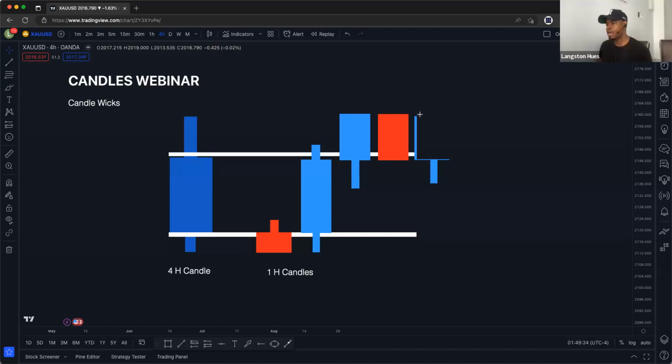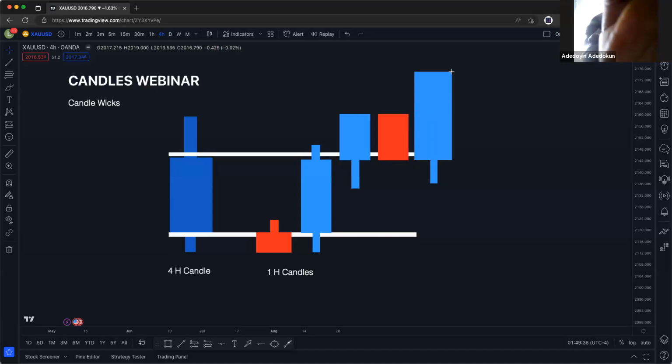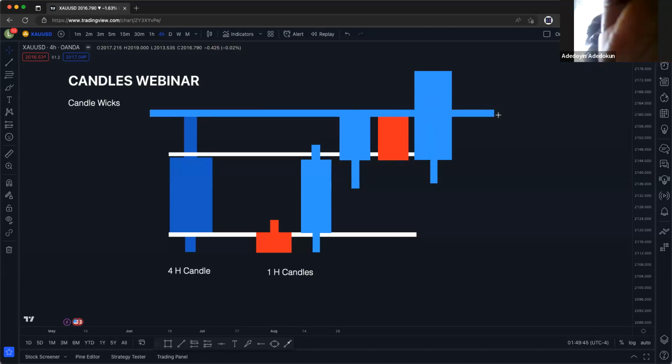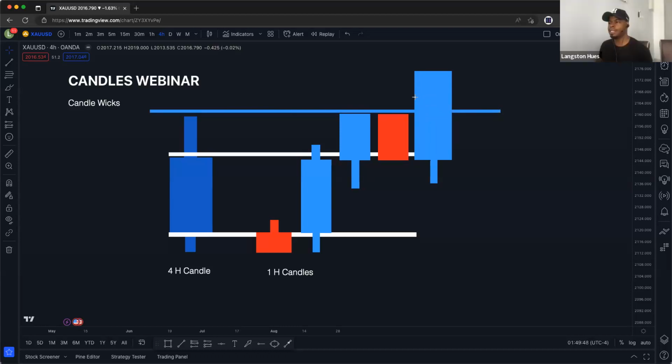And then drives up, breaking the high of this wick right here, which is also a resistance. And let's say it closes like that, right? That means that the next 4 hour did something just like this. That means the next 4 hour created this bottom wick here, and then it drove up.